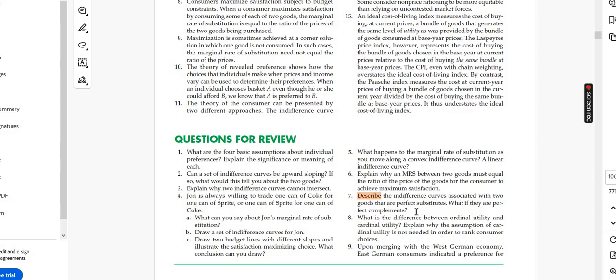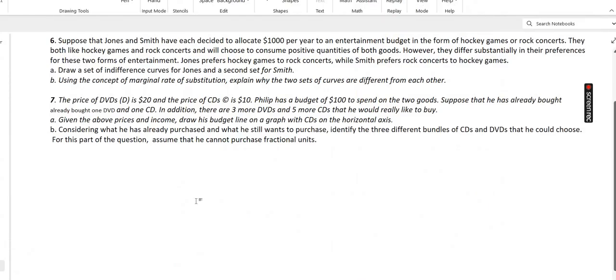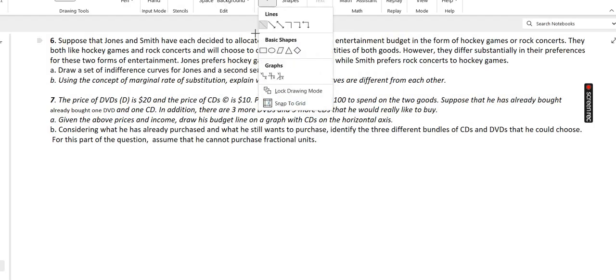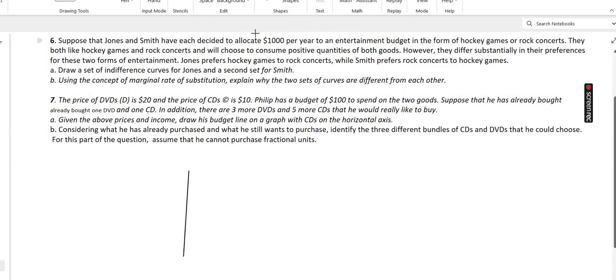So let me plot these curves. If I just want to draw the graph, let me take shape, and here we go. Let's say I have this line and this line, and here is plotted x and here is plotted y.